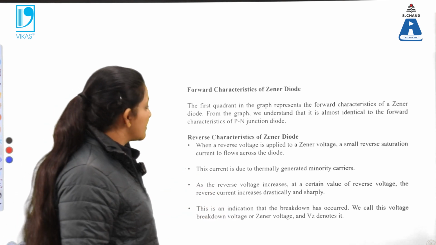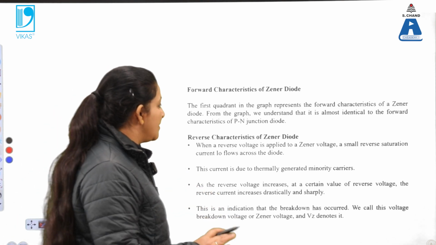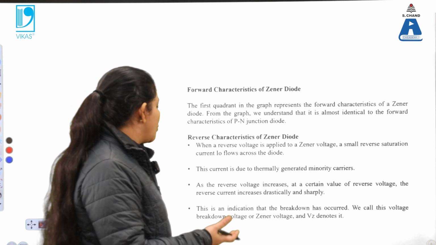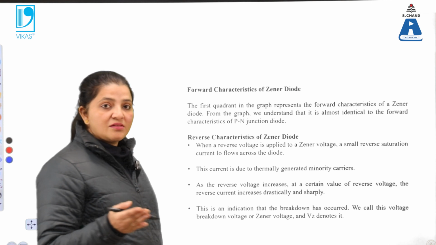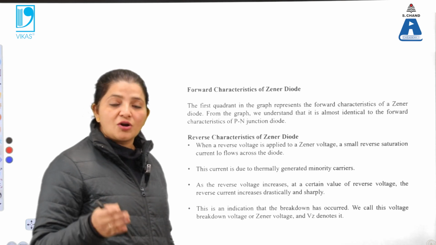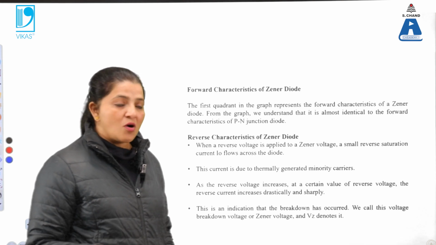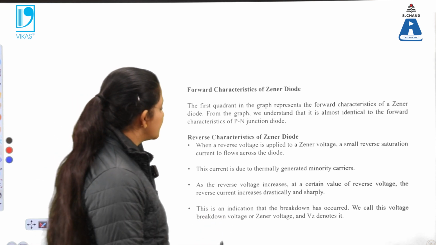Now next is the reverse characteristics of the Zener diode. These are quite impressive for the Zener diode. For the p-n junction diode, the amount of current is almost 0, very small, when a reverse voltage is applied.